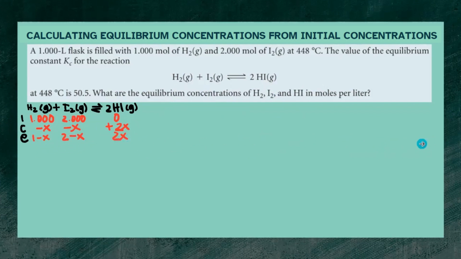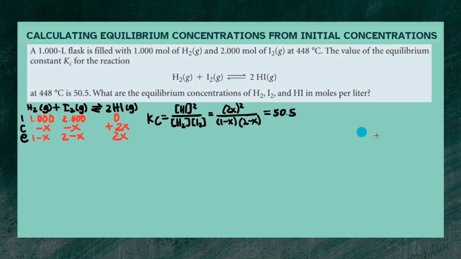The next step that we will be taking is to determine the equilibrium constant. We just have to input the equilibrium values in here, and we know that the equilibrium constant is 50.5. So what we do now is cross multiply these two variables in order to get this equation.